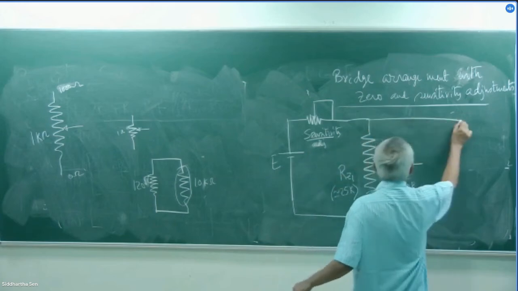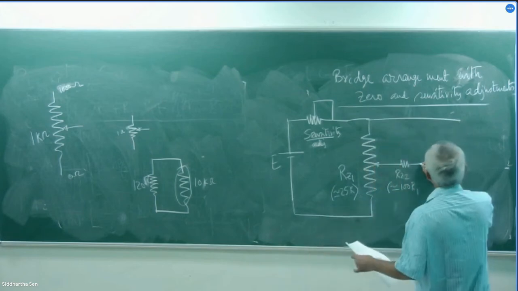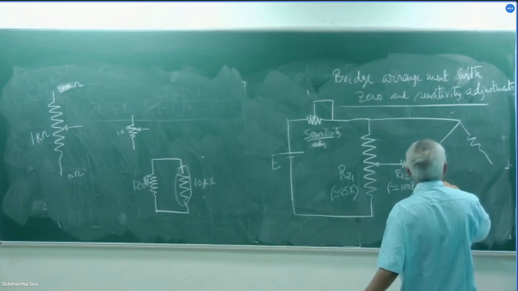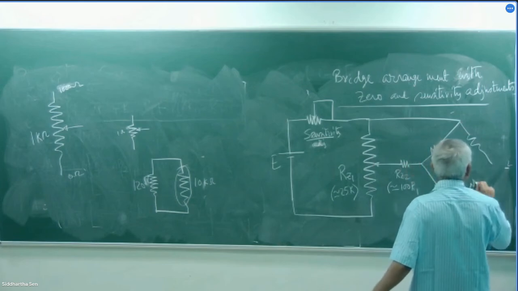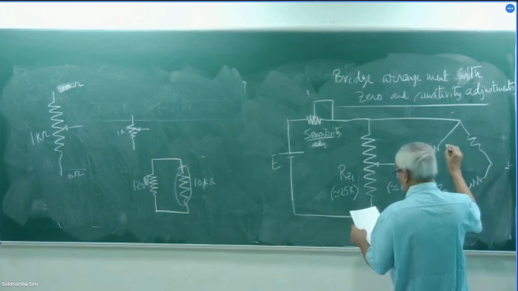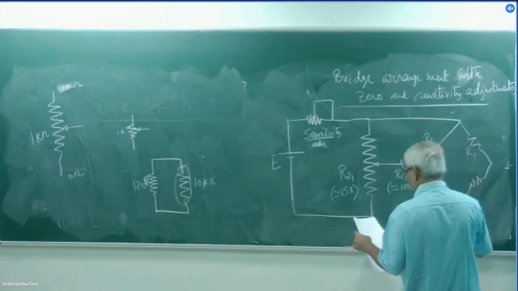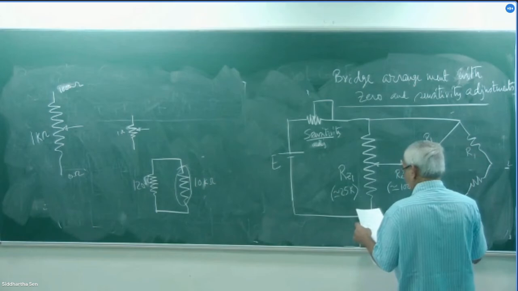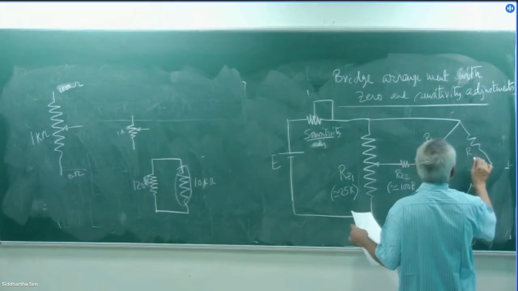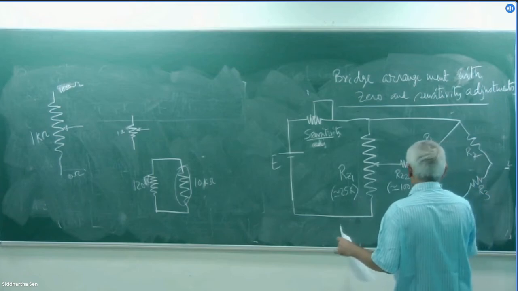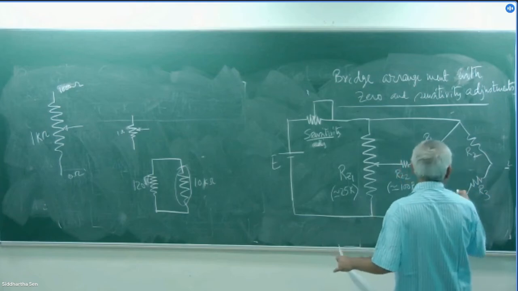I will just show you what R1 is there. Mostly they are of unity ratio. So here it is R1, R1, R2, R3, R4. Mostly they are of the same resistance nominally.